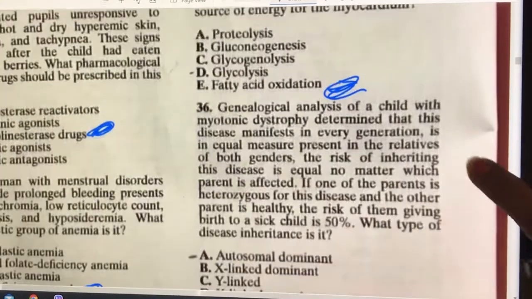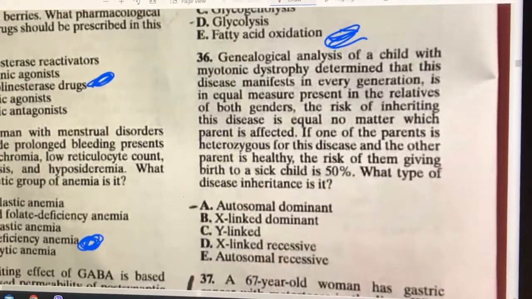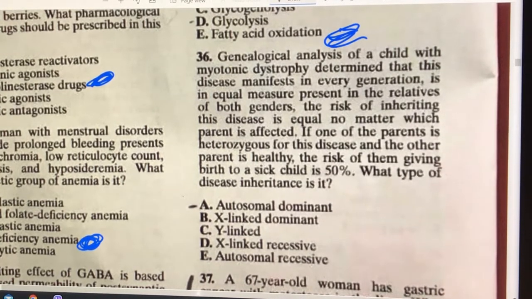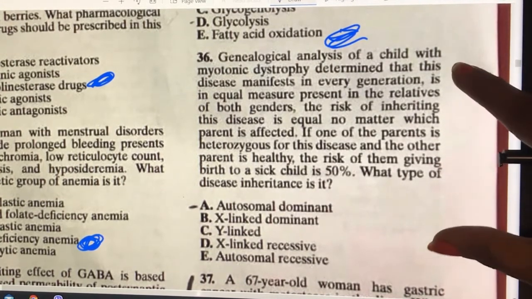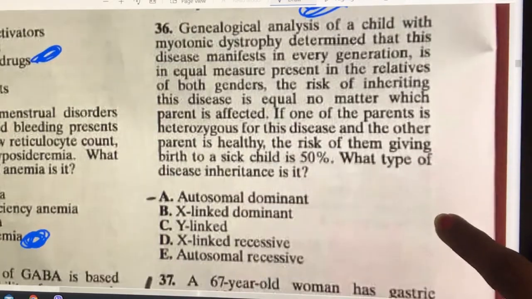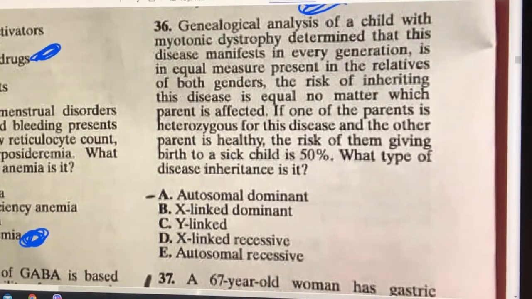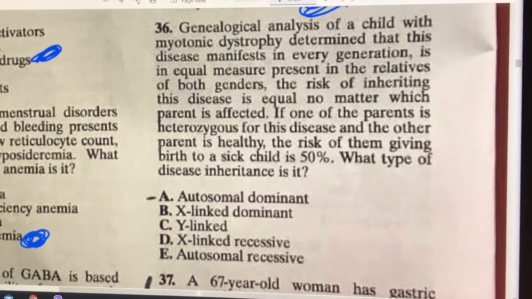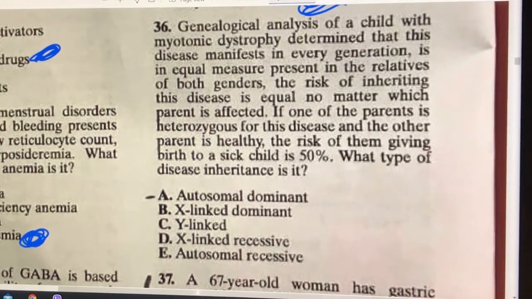Question number 36. Genealogical analysis of a child with myotonic dystrophy determined that this disease manifests in every generation and is in equal measure present in relatives of both genders. The risk of inheriting this disease is equal no matter which parent is affected.